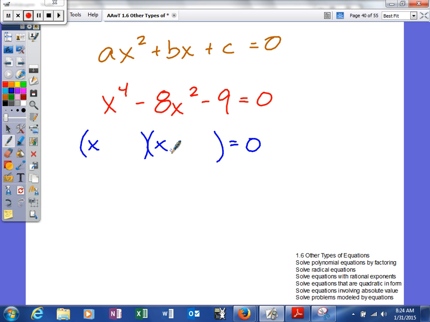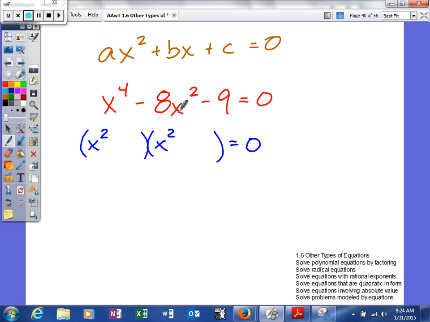And so how that applies to this is I need two things that will multiply to give me this and that will add to give me this. Well, two things that will add to give me this have to be identical. So both of these are going to be x squared. I couldn't put x to the third and x here, because if you multiply this times this, you'd get a cubic term, and this times this would be linear.